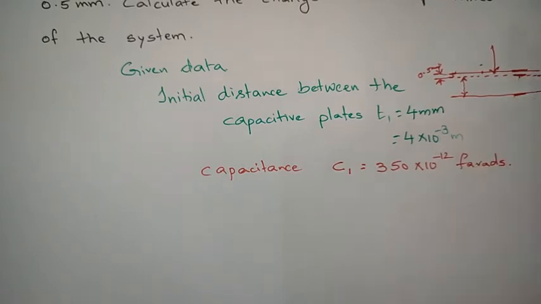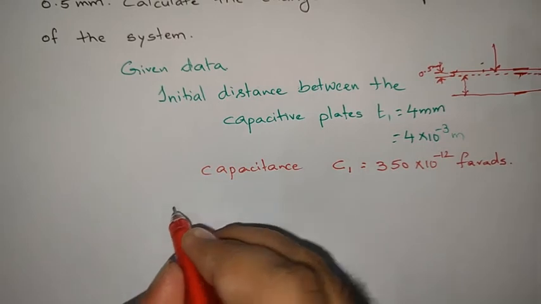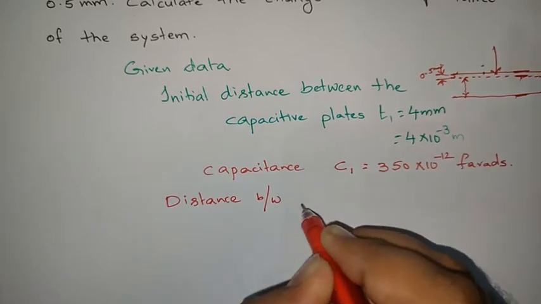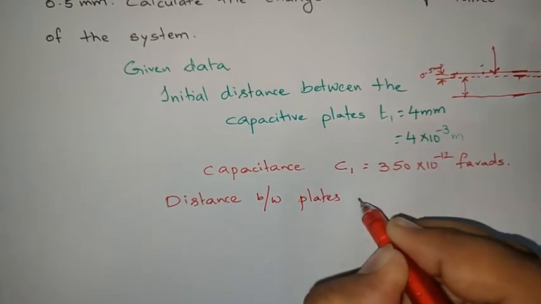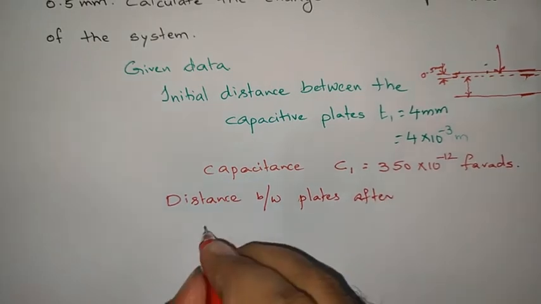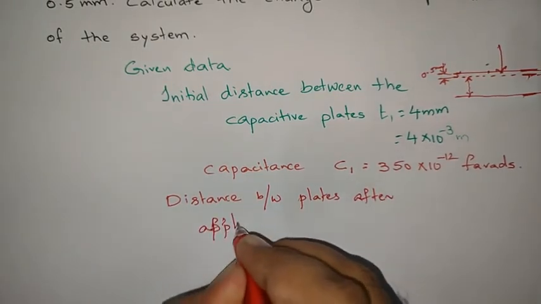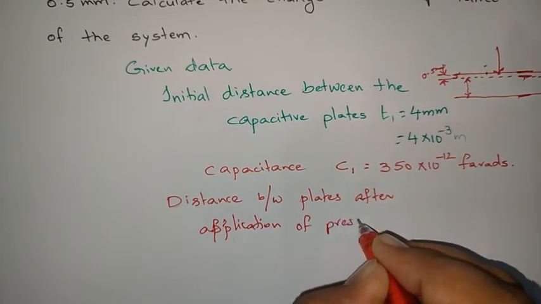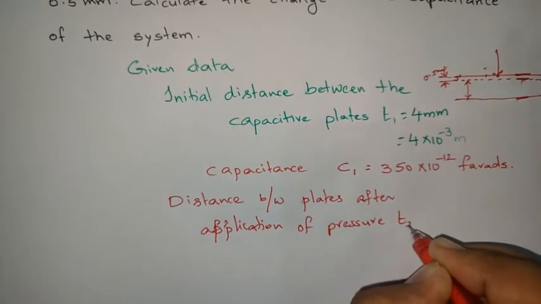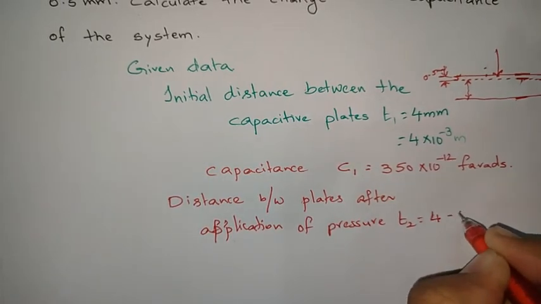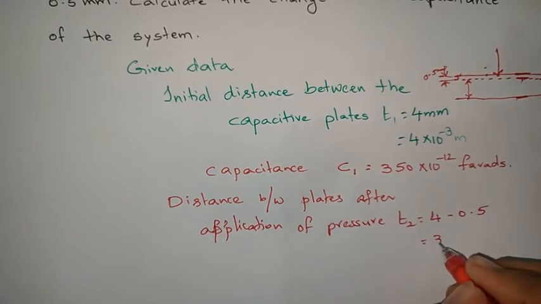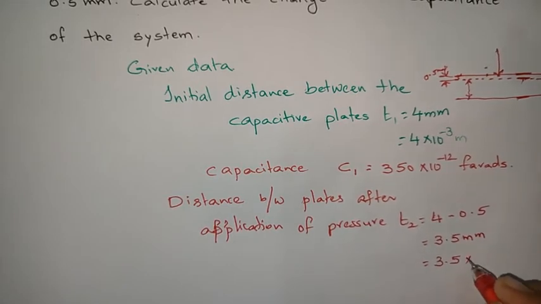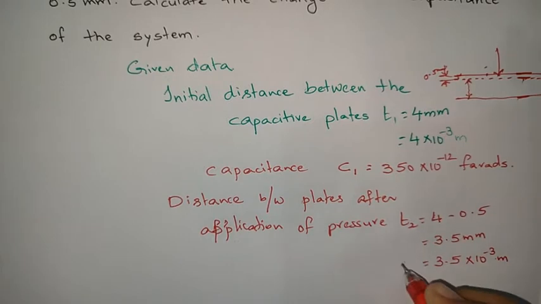Then what is the distance between the plates after application of pressure? That is T2 equals 4 mm minus 0.5 mm, so that equals 3.5 mm, which is 3.5 into 10 power minus 3 meters.